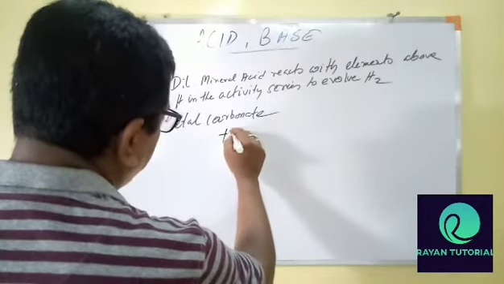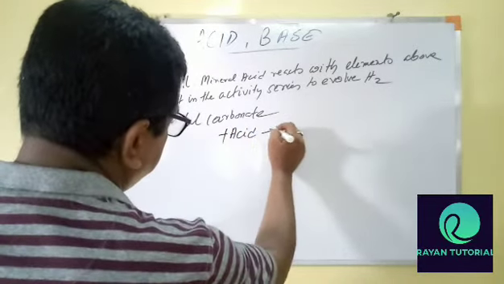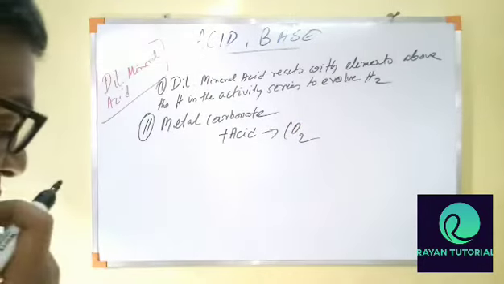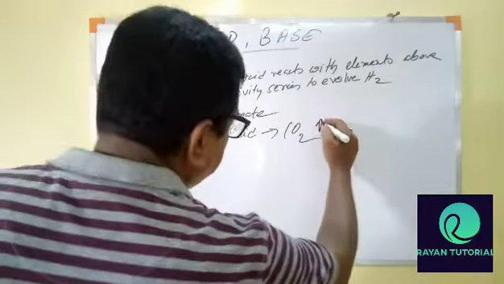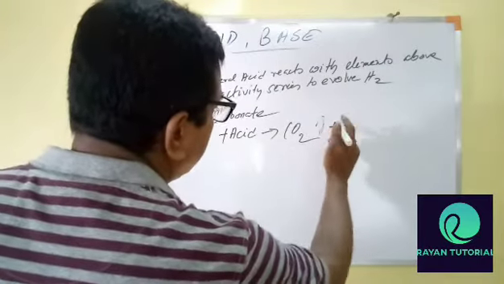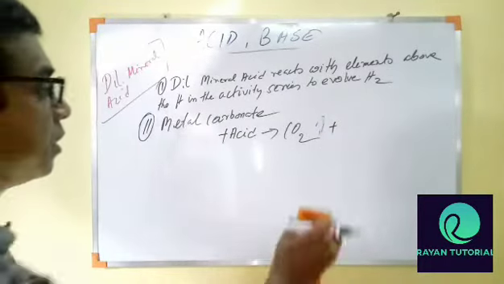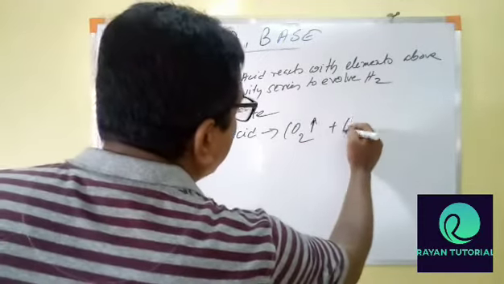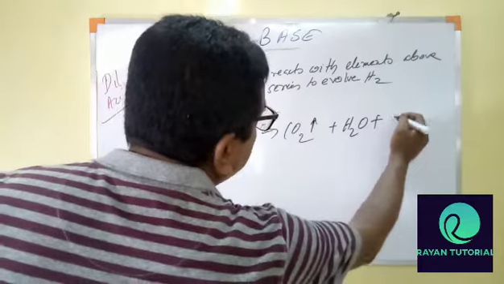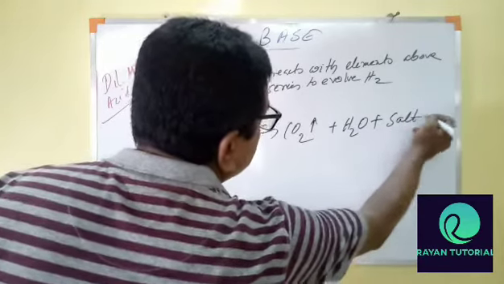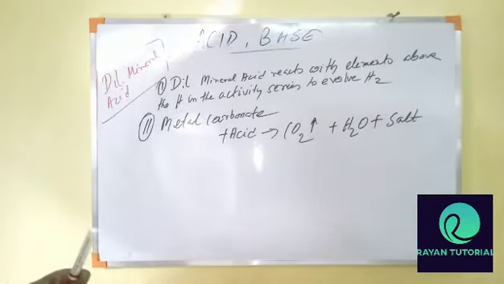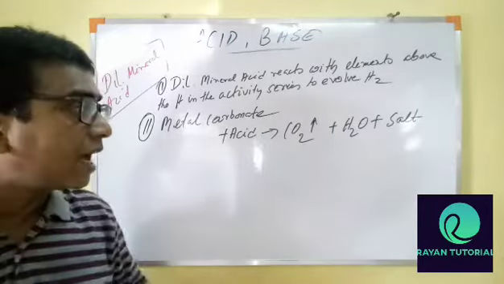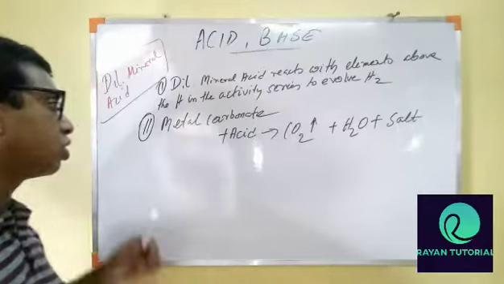Metal carbonate plus acid will always give you carbon dioxide plus water plus salt. Clear? So any metal carbonate reacts with acids to give you carbon dioxide, water and salt.